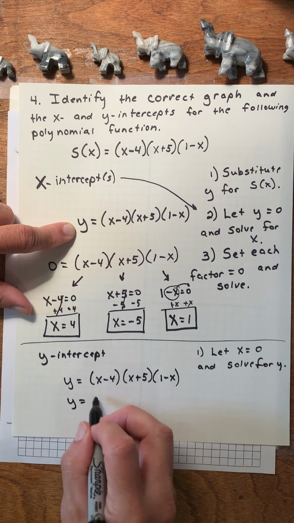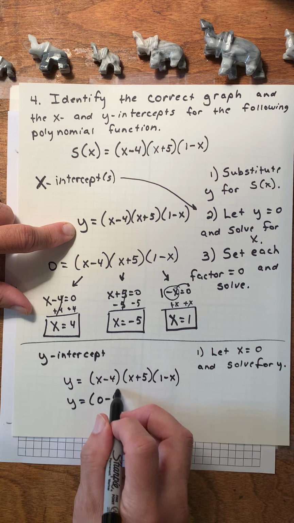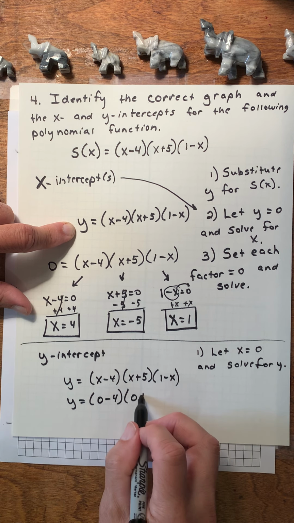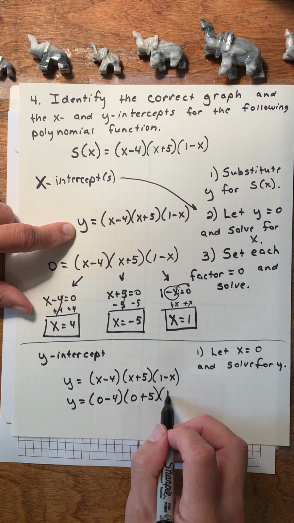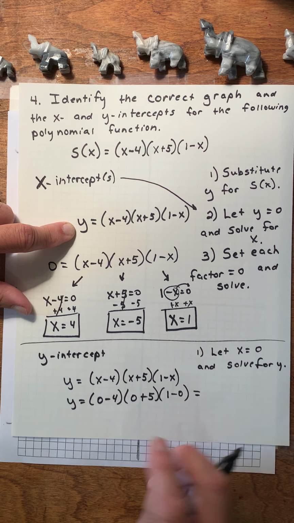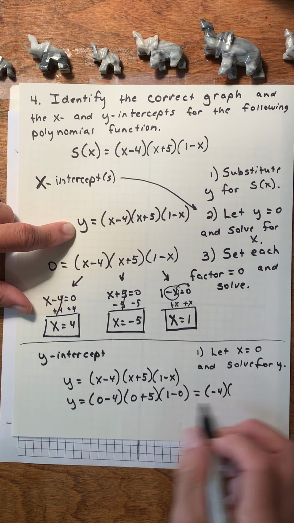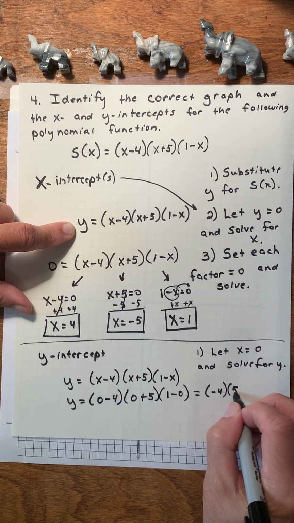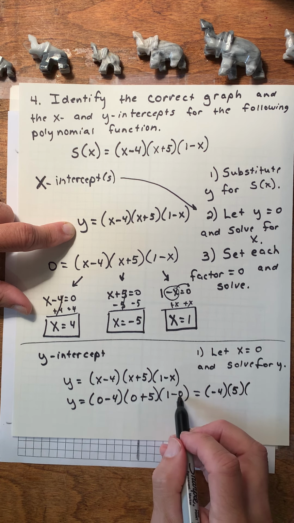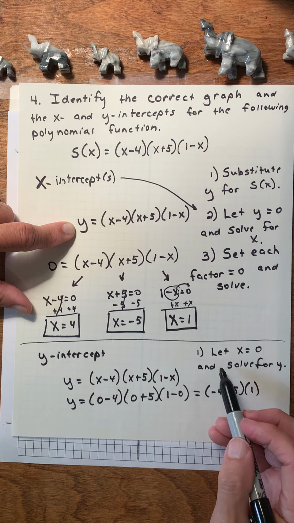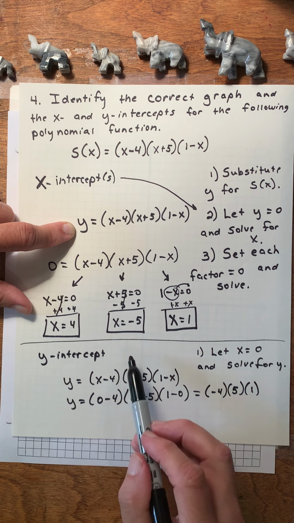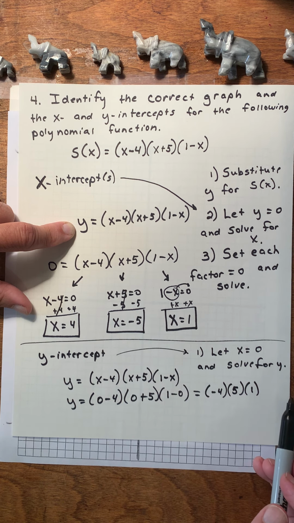So y is 0 minus 4, 0 plus 5, 1 minus 0. Let's see, 0 minus 4 is negative 4. 0 plus 5 is 5. 1 minus 0 is 1. Anytime you want to find a y-intercept, you let x equal 0 and solve for y.